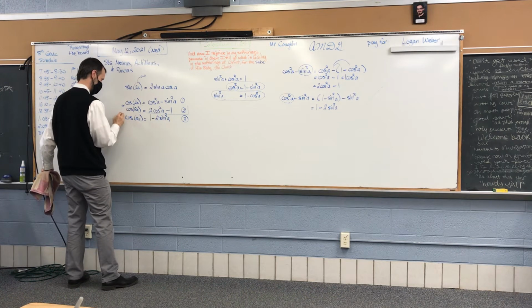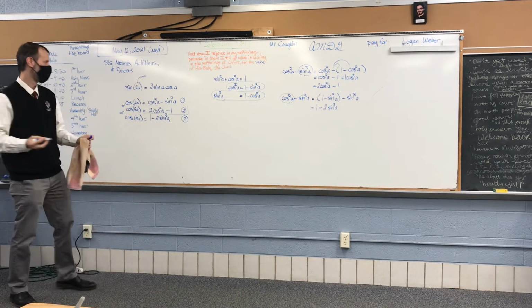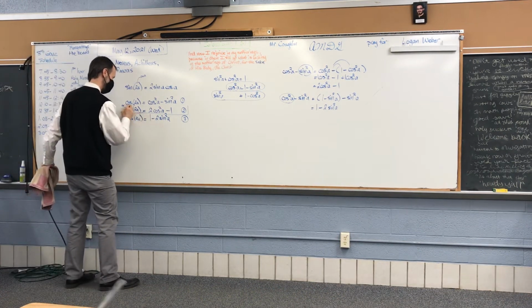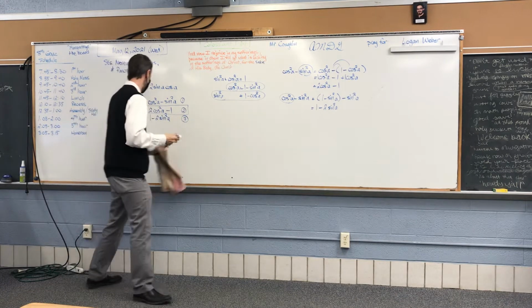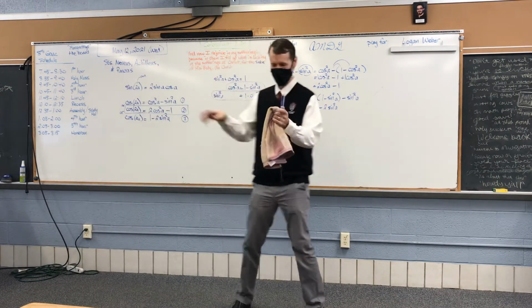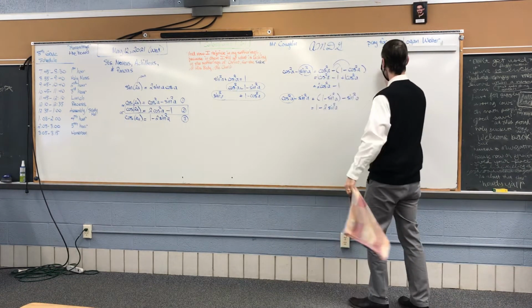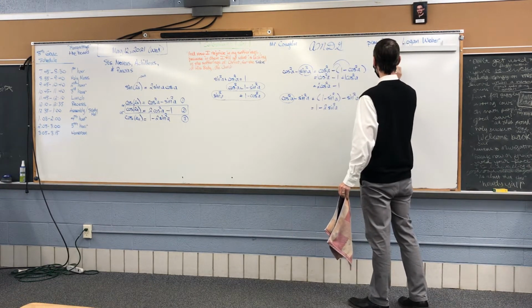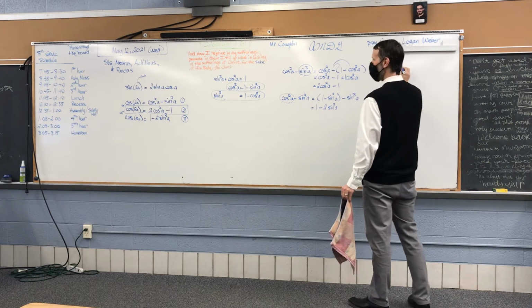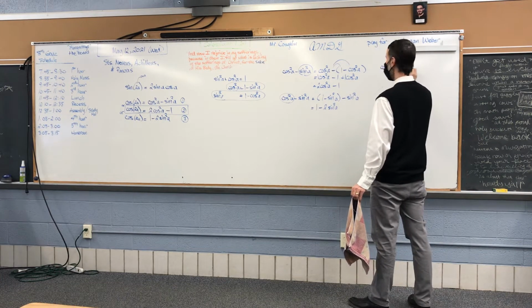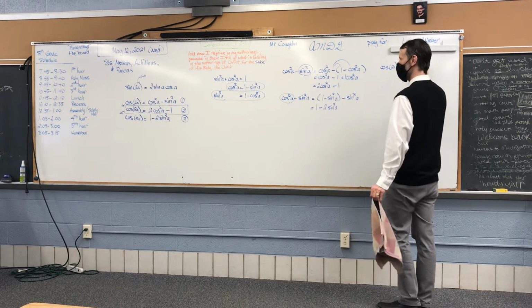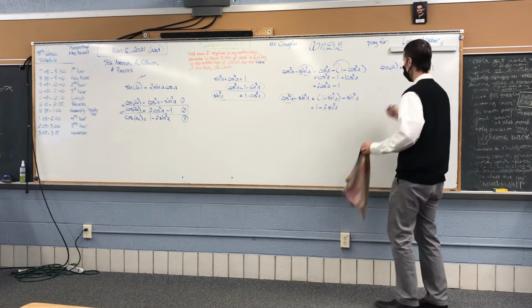So there are 3 different versions, and the middle version actually comes in really handy. The reason is because it has nothing but cosines in it, which is a lot nicer than the others. I'm going to recopy it over here. Cosine of 2a equals 2 cosine squared of a minus 1.